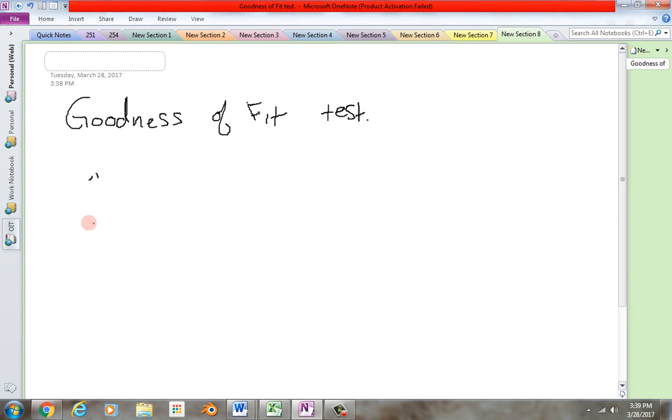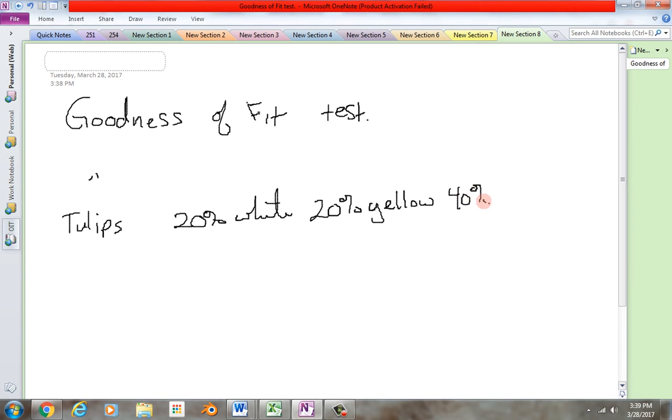Okay, and so it may be that you think that tulips are, I don't know, 20% white, 20% yellow, 40% purple.